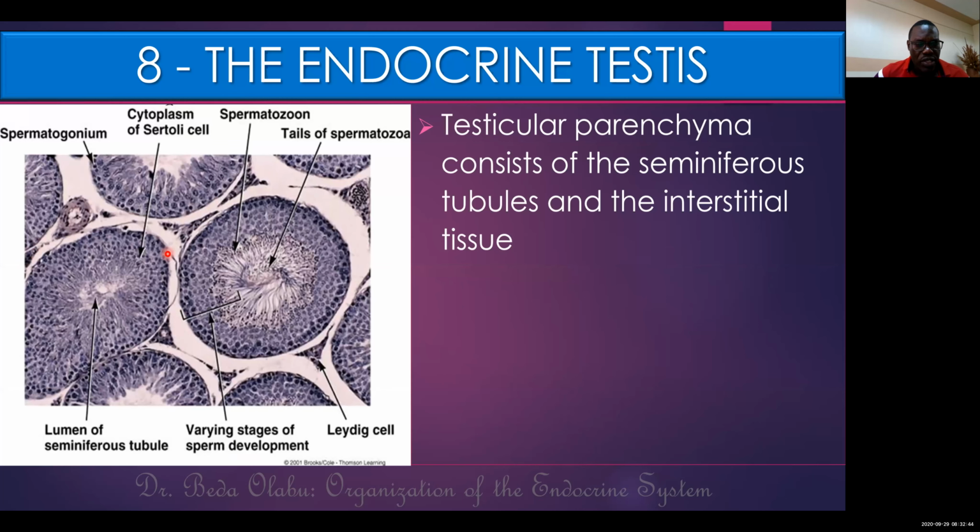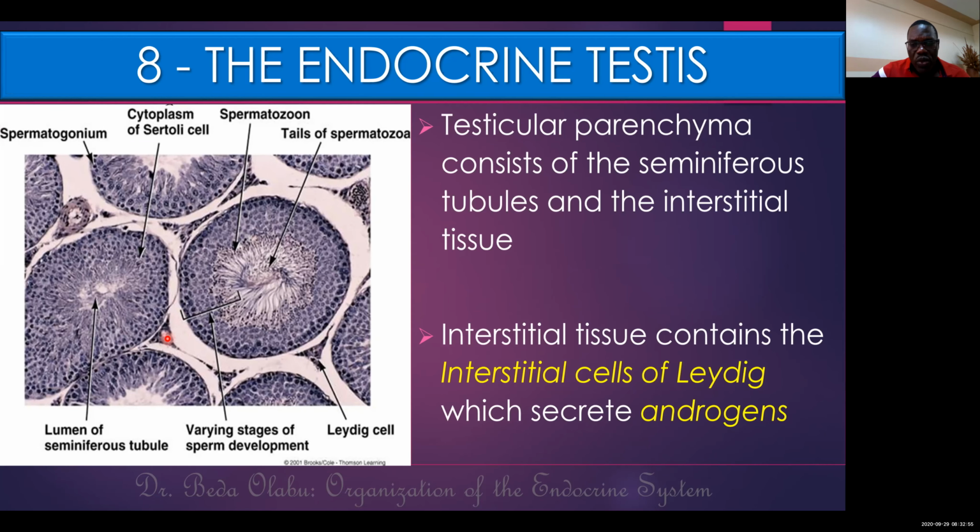Within this interstitial tissue, there's some cells. The cells within this interstitial tissue are known as the interstitial cells of Leydig. These are the cells that secrete hormones in the testis, and the hormones the testis secrete are called androgens. You remember androgens are male sex hormones.